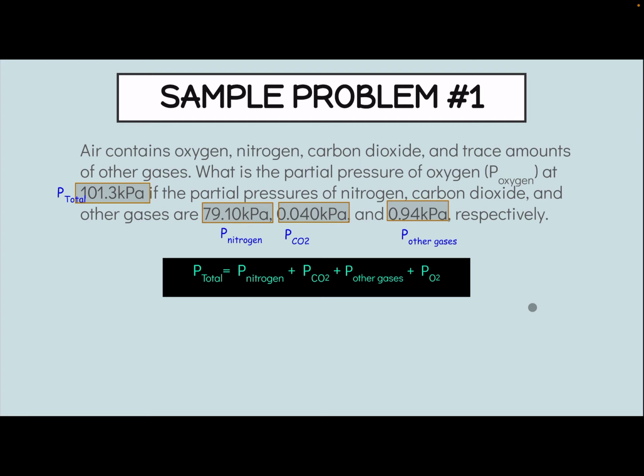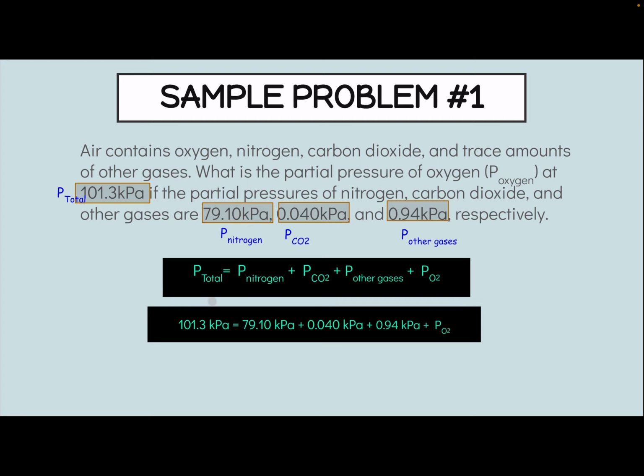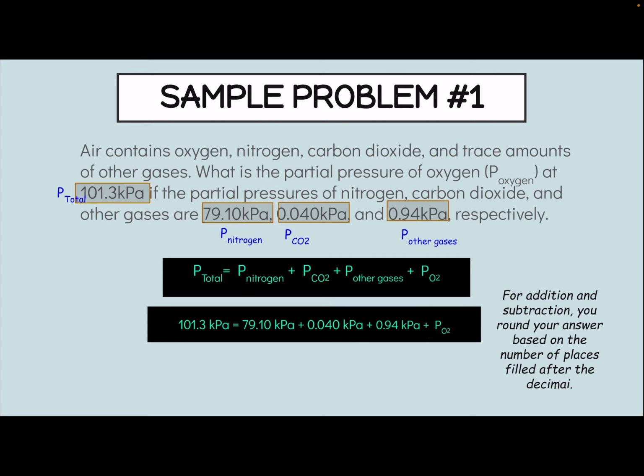Let's plug in what we know. We put the total in, which was 101.3 kPa. We had the value for nitrogen, for CO2, and for the other gases. So now we just need to solve for the partial pressure of oxygen. Remember that for addition and subtraction, we have to round our answer based on the number of decimal places, not based on the total number of significant figures.